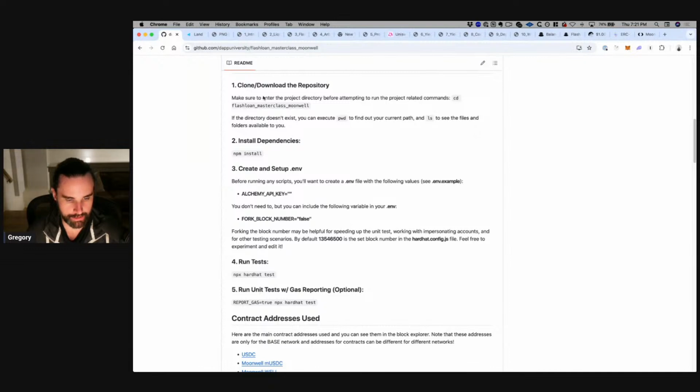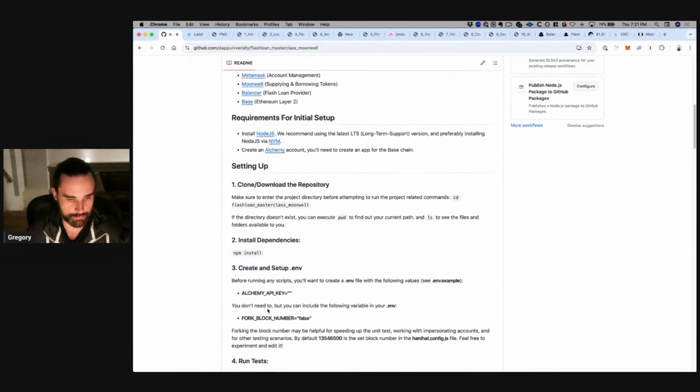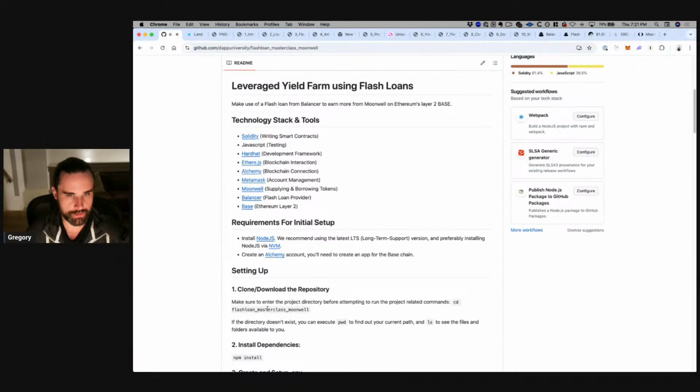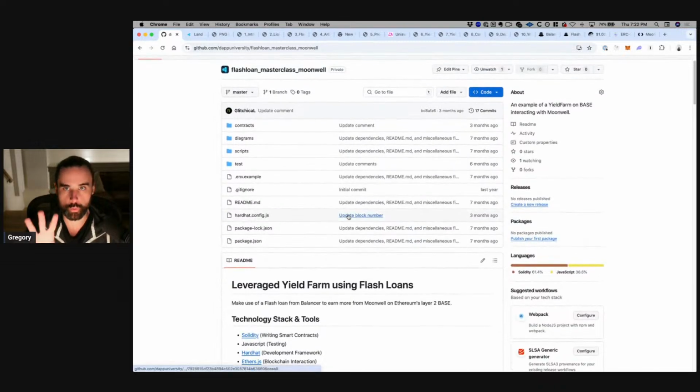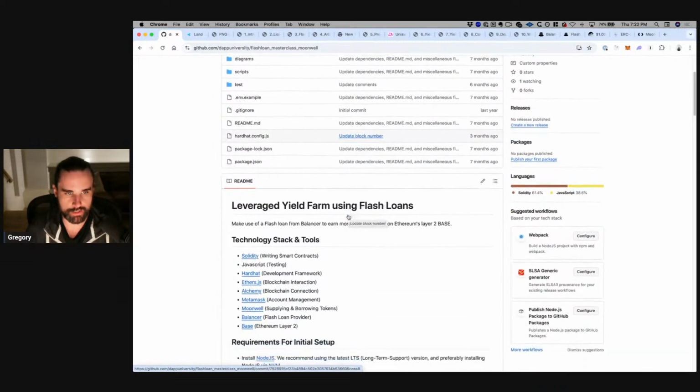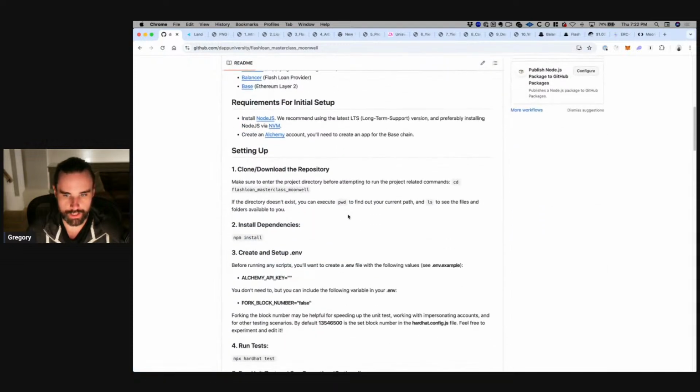So we'll come back and do all of these developer steps in a minute. But what I'm going to do for now is basically just get everything started and show you a basic flash loan in your web browser. But you need to go ahead and download this code so that we can run it.